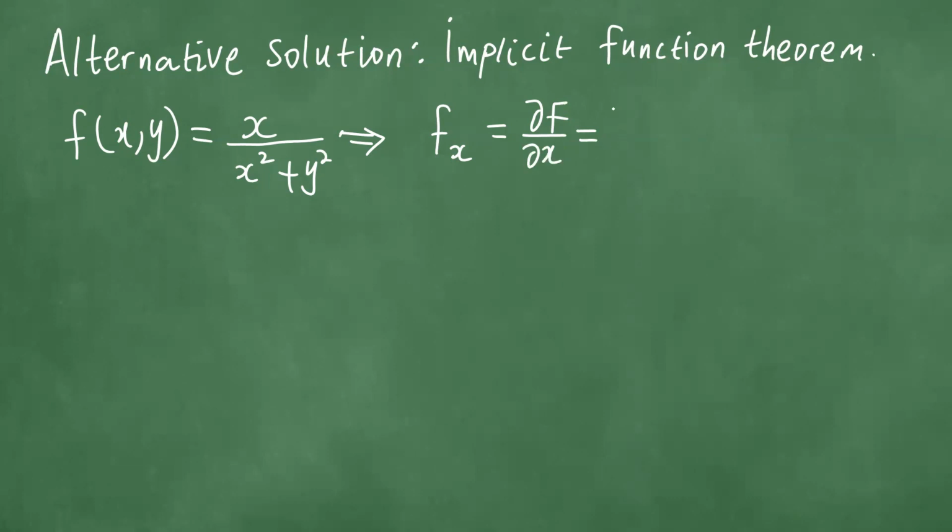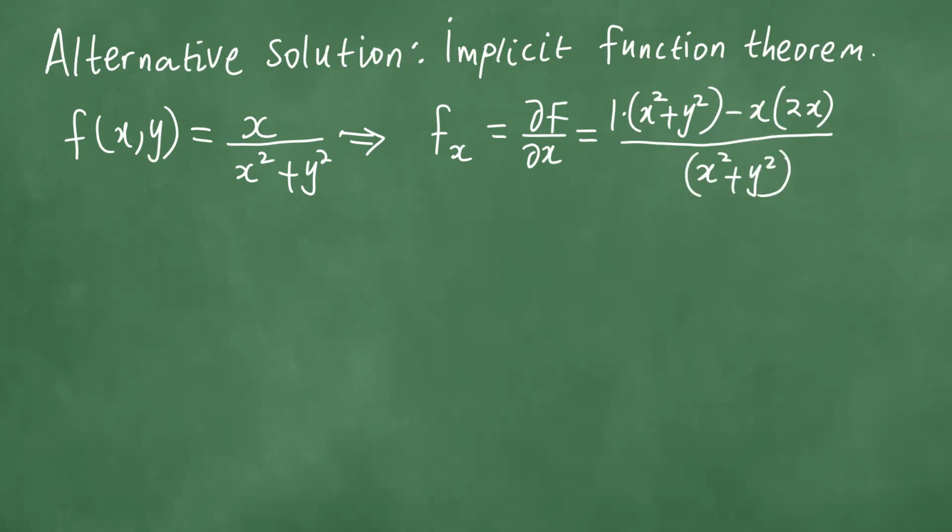The derivative of the top is 1 times x squared plus y squared, minus x times the derivative of the bottom with respect to x, which is twice x, and you divide everything by the square of the denominator.